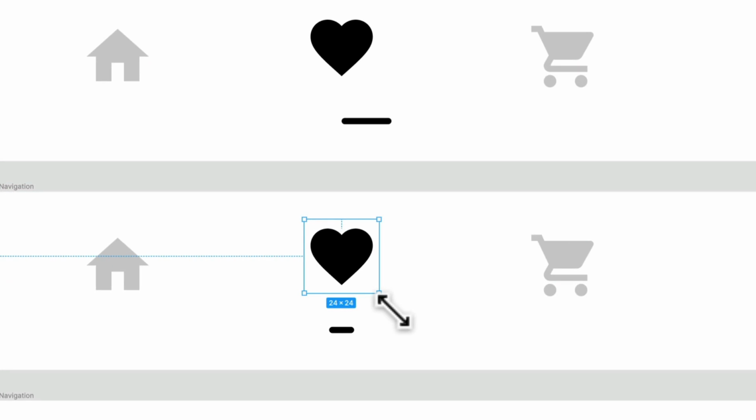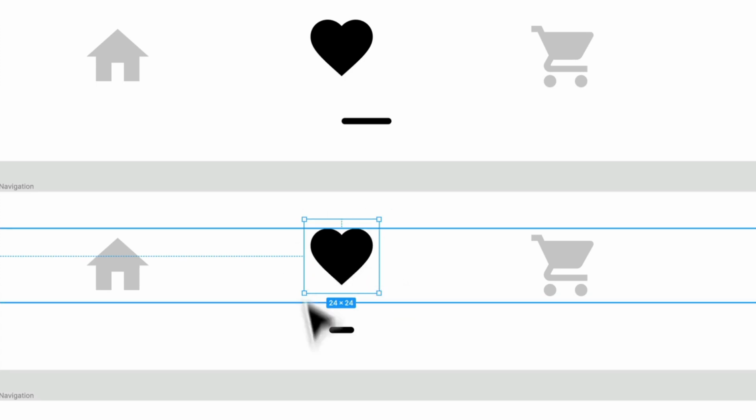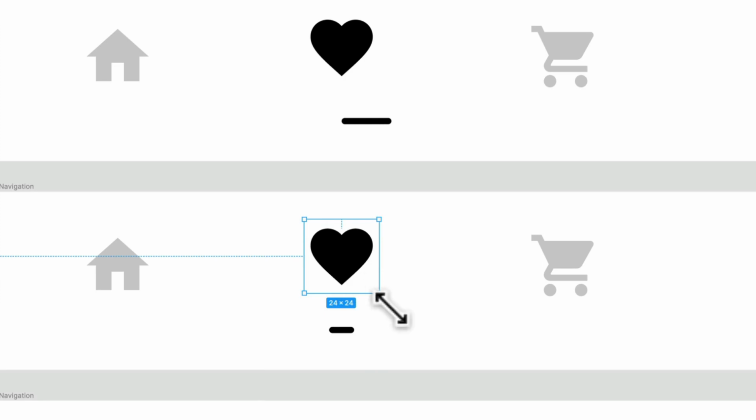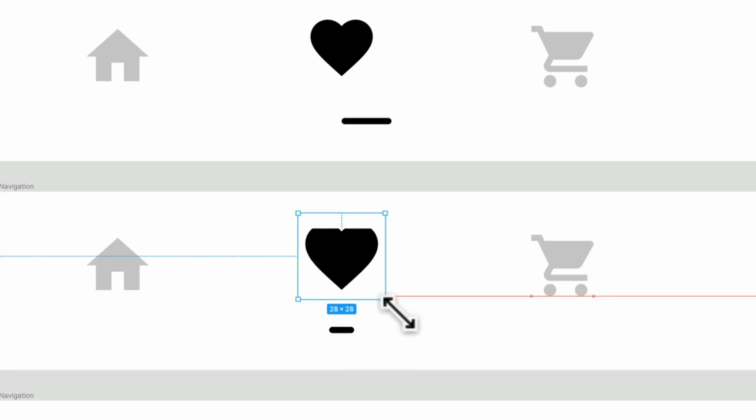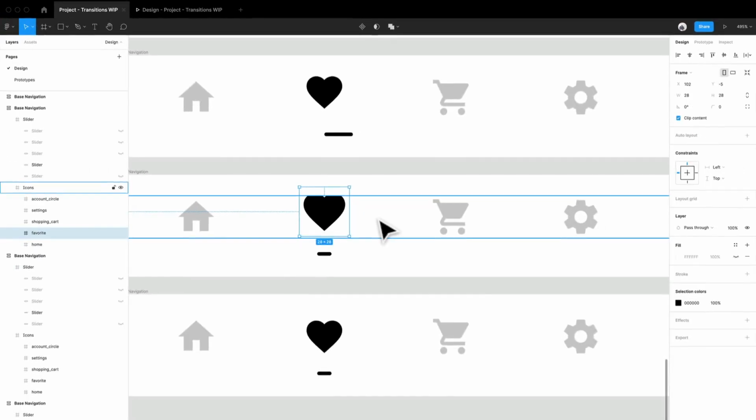But let's actually increase. So I can do a shift and option at the same time, which will increase it so that it stays in the center. And it doesn't actually move in the sense that it stays put and scales proportionately. So we can do like 28. And we're seeing the same issue here of clipping.